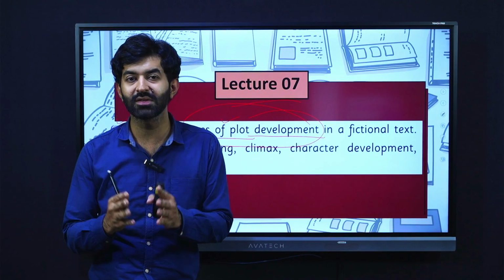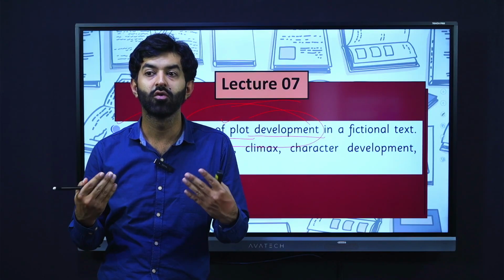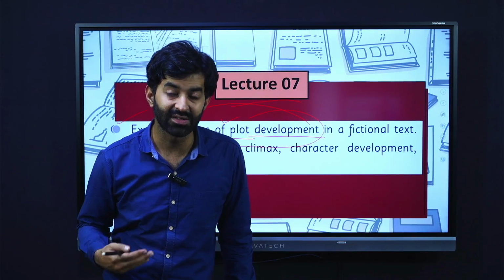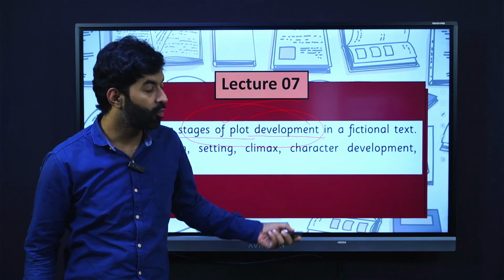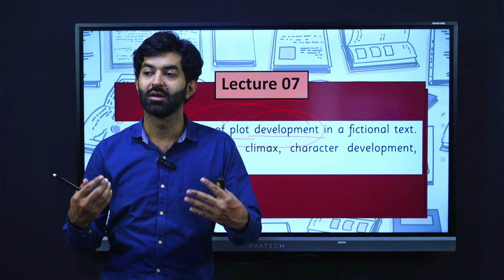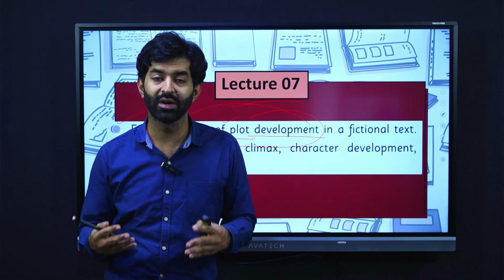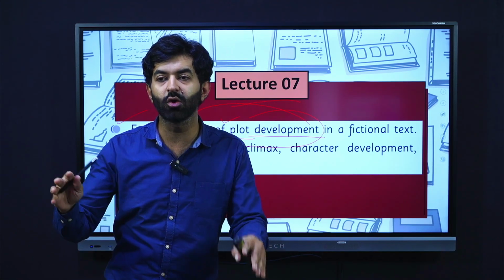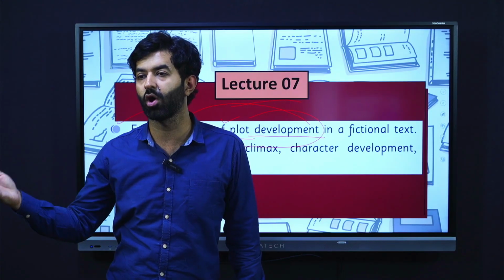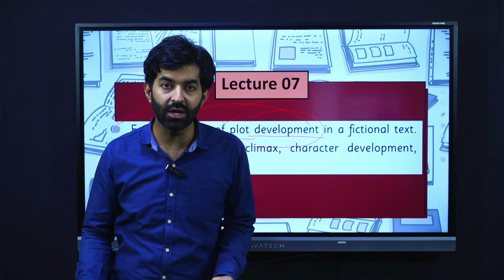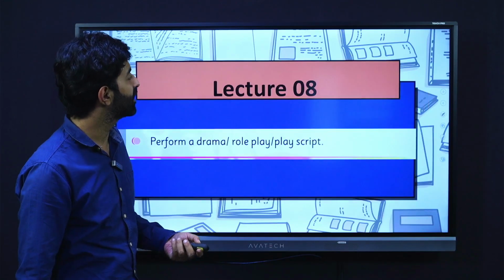All of you must select a story and read it, so that when we are discussing this SLO, we can talk about the suggested story, and we will break it down into different stages of plot development. So you must read a story and I will ask about it.